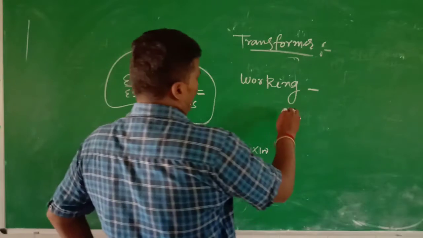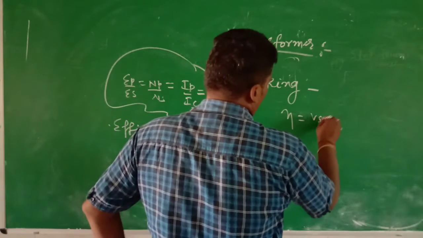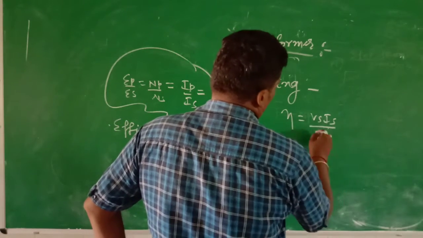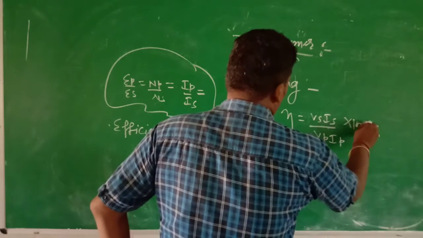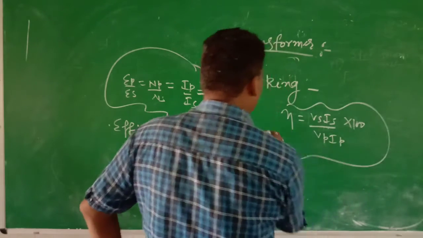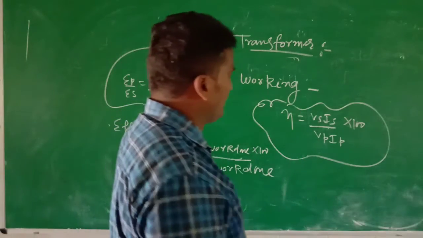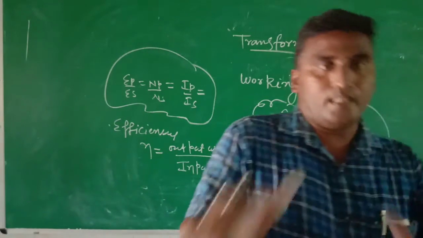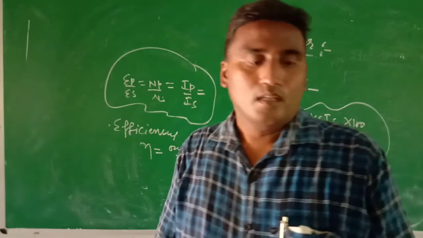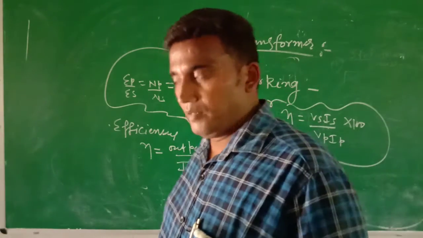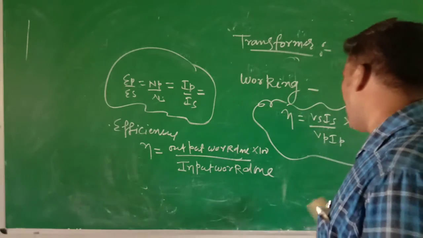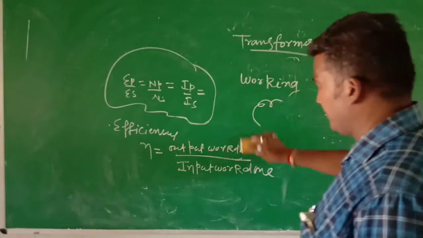The mathematical value is eta is equal to Vs into Is upon Vp into Ip into 100. That is the efficiency of the transformer. It is basically a function of the output and input work done, and the 100 identifies the percentage of work done for the efficiency.